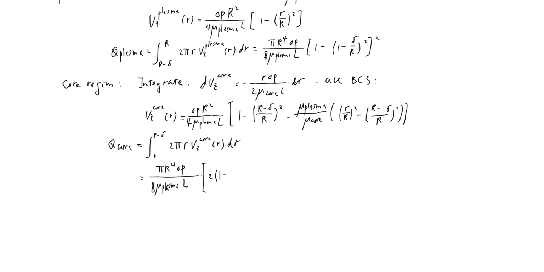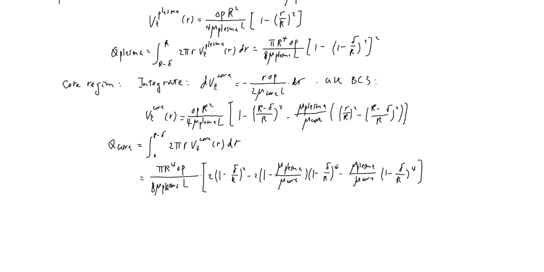And you can also derive this as long as you are patient. So this is the volumetric flow rate over the core.